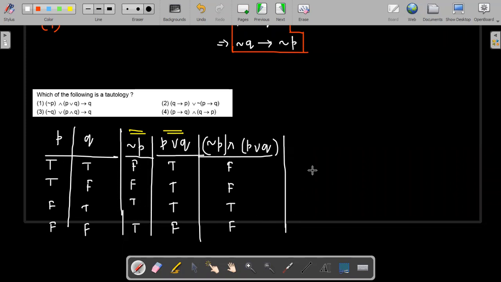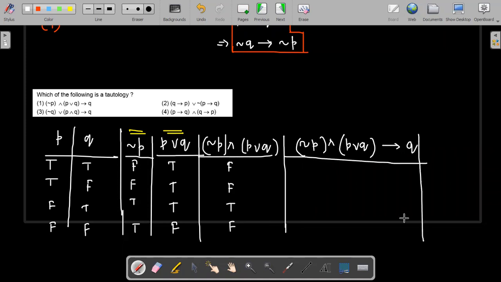Then we have this, and then it implies Q, right? So when it implies Q, so this and this, a false person becoming a truthful person is no problem.